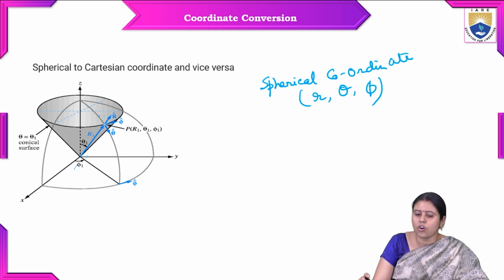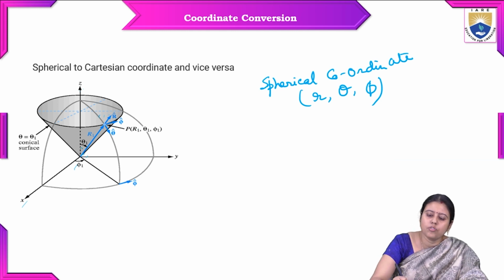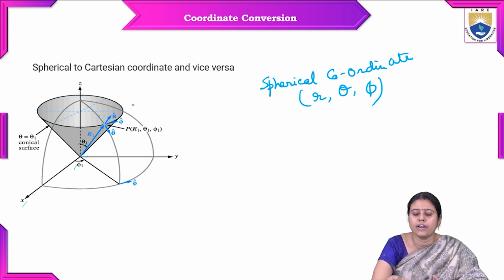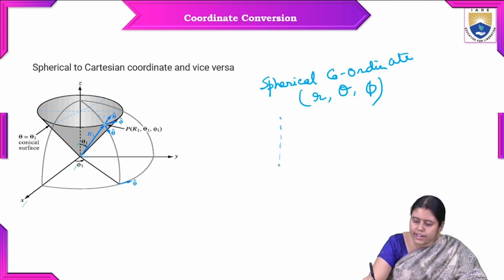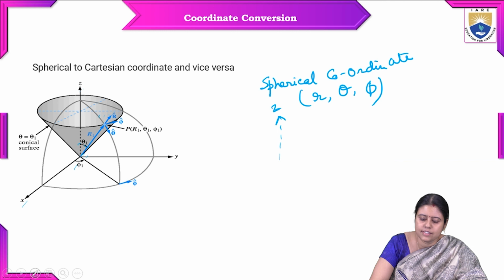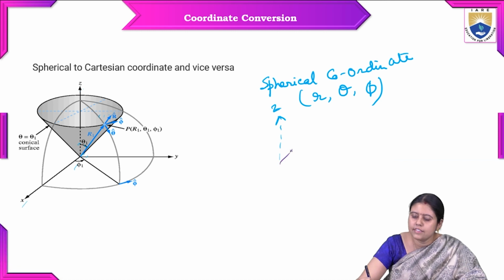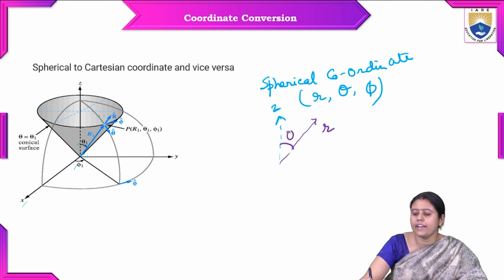So we can also compare it with x, y, z. This is the z-axis. As I told, theta is the angle with the z-axis. If this is our z-axis, this is theta and this is r. So this angle is theta.